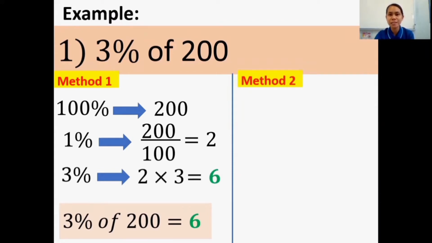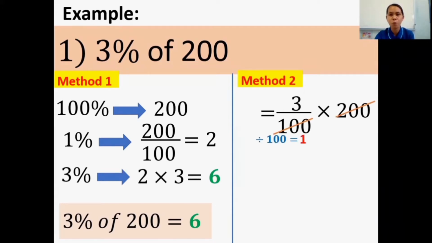3% can be written as 3 over 100. They are the same. Multiply this to 200, so times 200. As we can observe here, 100 and 200 are divisible by 100. 100 divided by 100 equals 1. 200 divided by 100 equals 2.